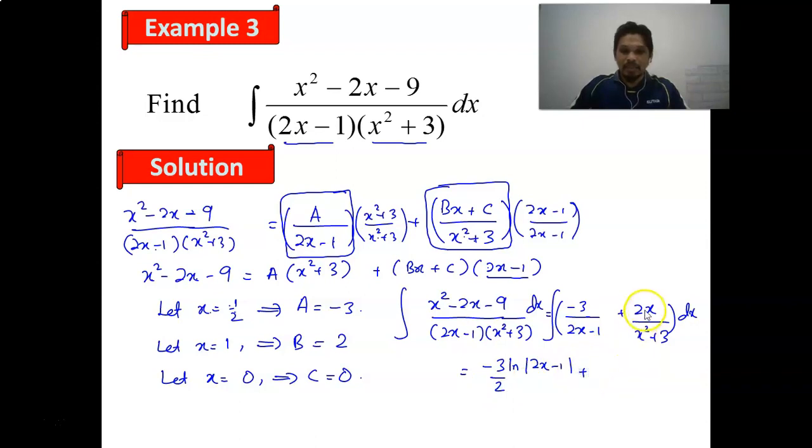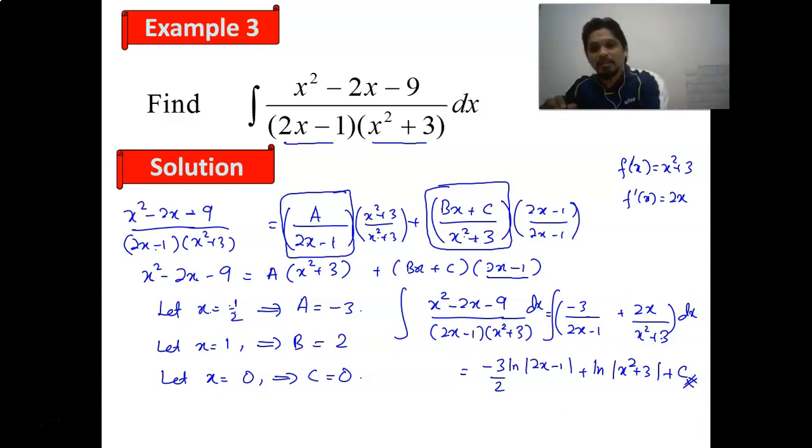Plus, for x squared plus 3, let f(x) equal to x squared plus 3, so f prime x equal to 2x. So this is actually the integral of f prime x divided by f(x) dx, so we come up with natural log of x squared plus 3 plus C.